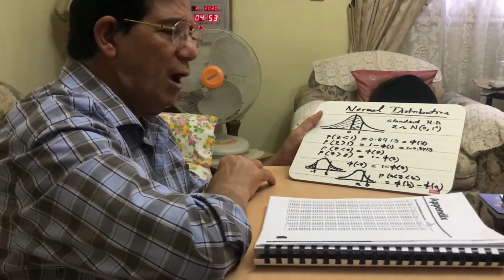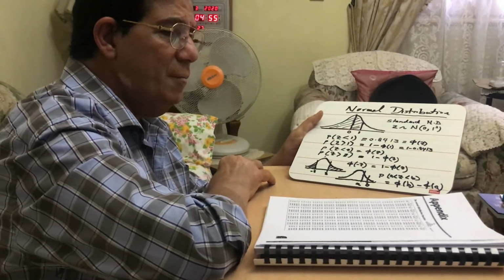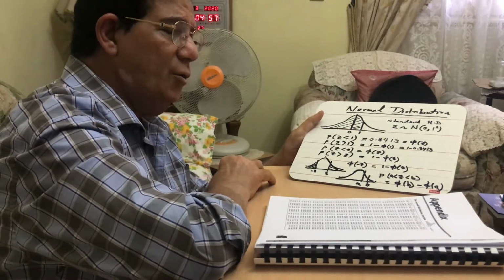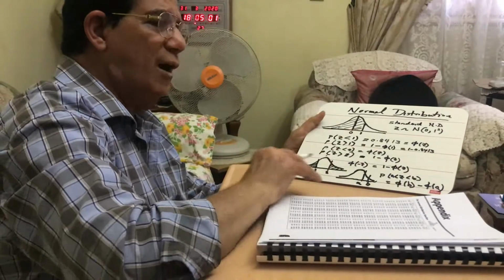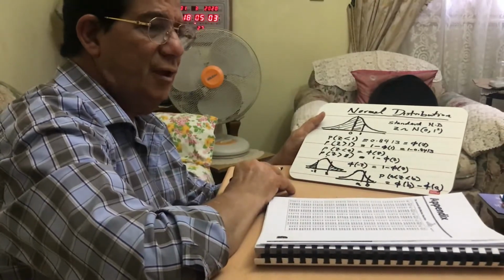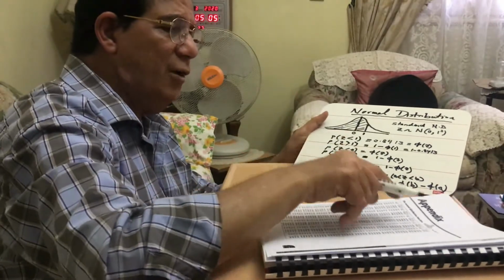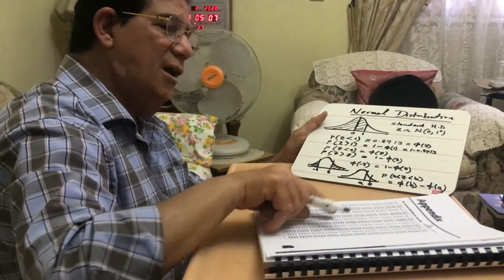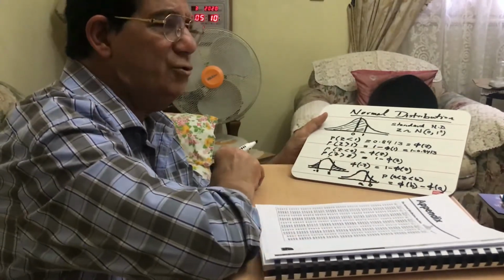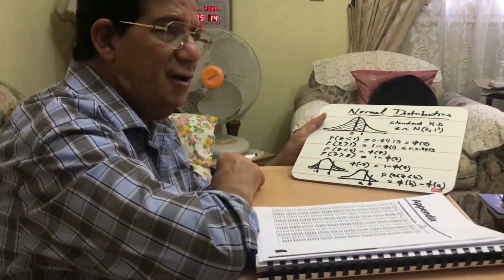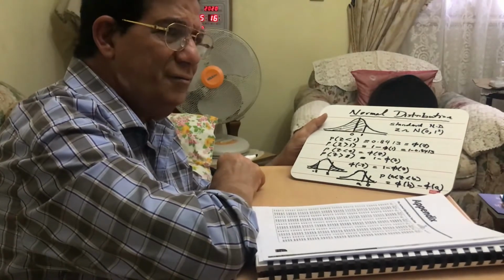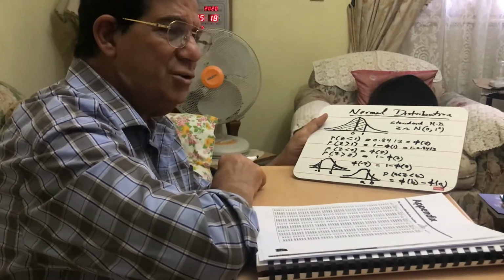Sometimes we will be given the probability and want to find the value of Z. Then we look at the values of phi z and we read back the values of Z. If phi z is less than 0.5, that means Z is negative.